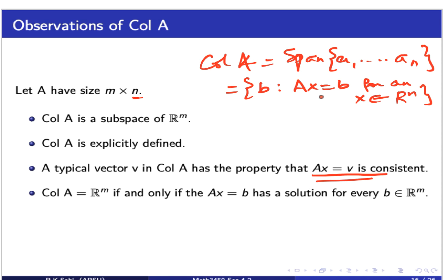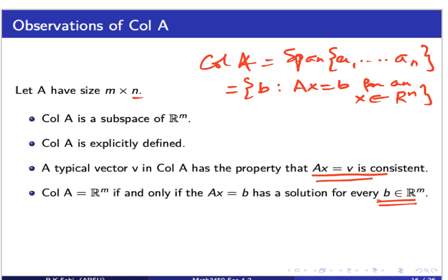So basically it's a collection of all those B's such that this matrix equation is consistent. Now, this column space is the whole of Rm if and only if the matrix equation has a solution for every B in Rm. So these observations are very, very important.